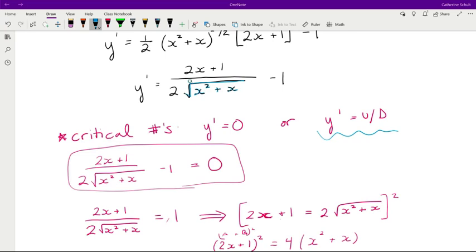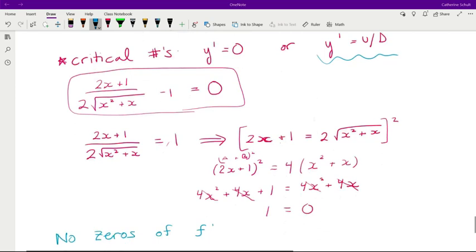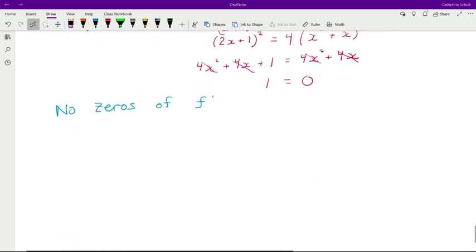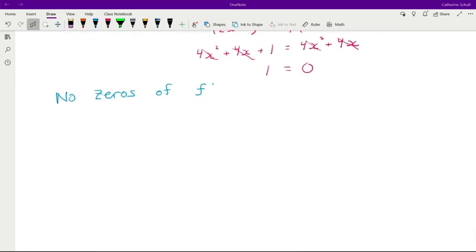That would happen when this is equal to 0 and when x squared plus x is negative. That would tell us that we're undefined because we can't have a 0 denominator, we can't have a negative square root. So I'm going to take that, good note. So y prime is undefined when x squared plus x is negative and 0. Okay, so something like that.